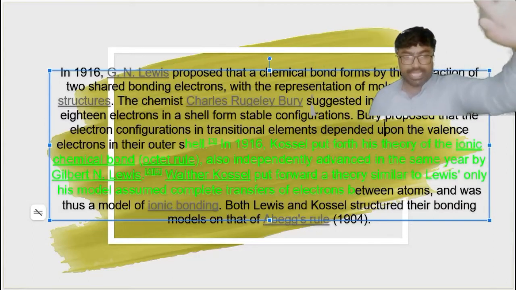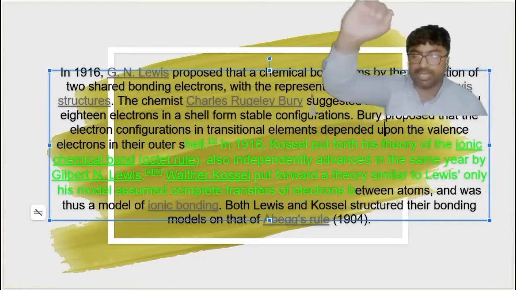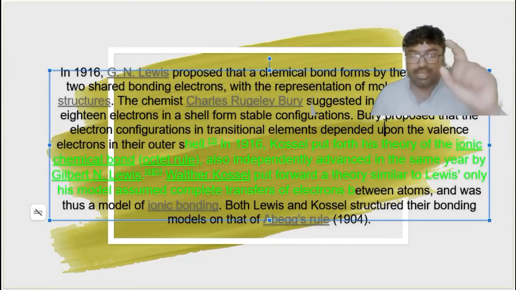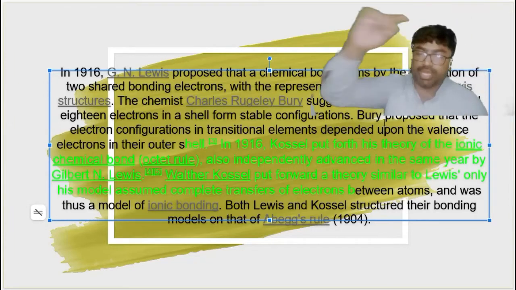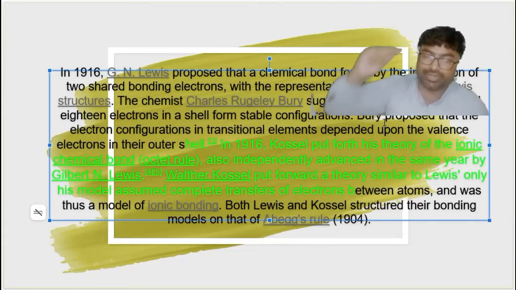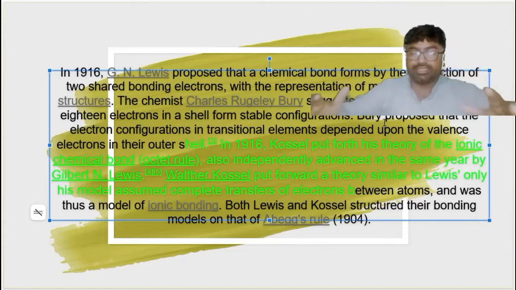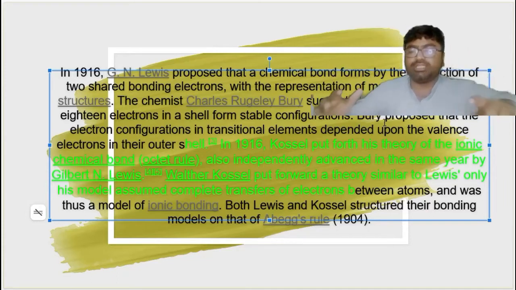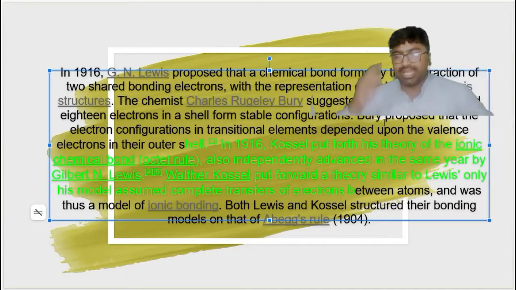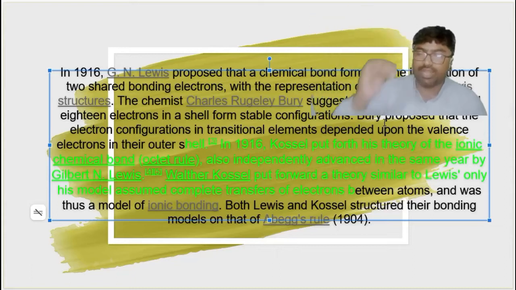It was in the same year that Walther Kossel put forward a theory similar to Lewis's, only his model assumed complete transfers of electrons between atoms, and was thus a model of ionic bonding.